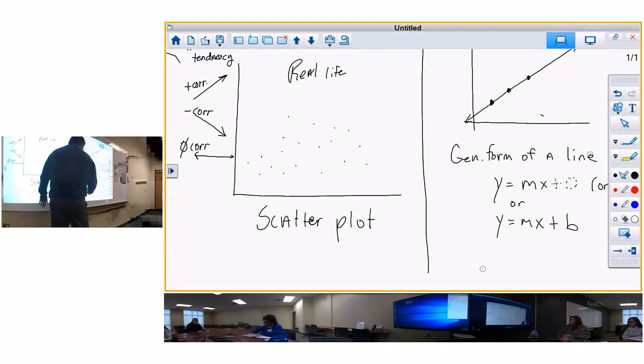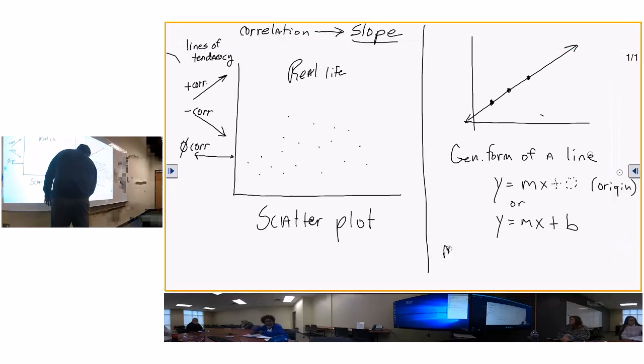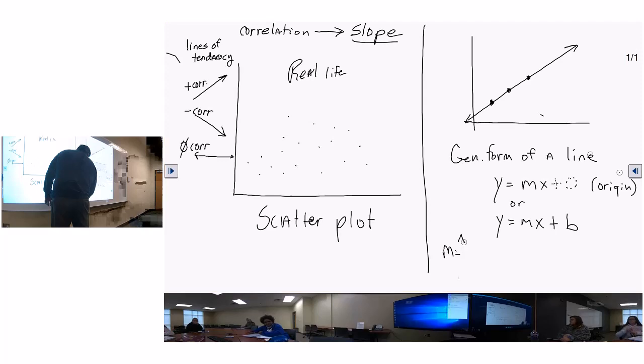But anyway, slope is equal to delta y over delta x, which means y sub 2 minus y sub 1, yes, change of y over change of x, over x sub 2 minus x sub 1. Again, this is review.